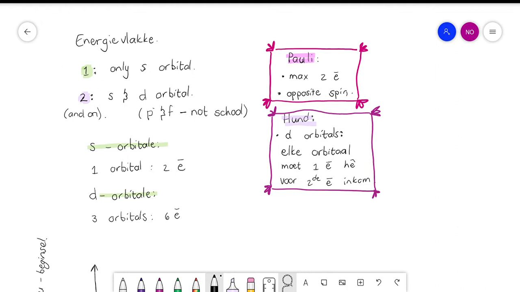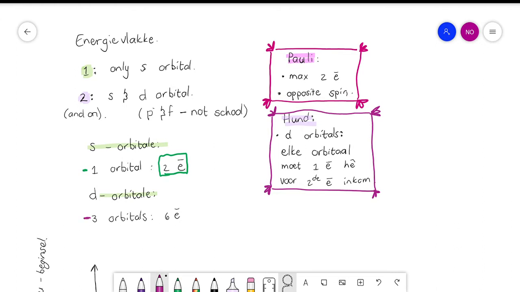Okay, goed, so as ons kyk na s orbitale, elke energievlak het net een s orbital. So each orbital can take 2 electrons. In other words, the total amount of electrons in our s orbitals is 2, because we only have one of those orbitals per energy level. As ons kyk na die d orbitale, is daar 3 van hulle per energievlak.